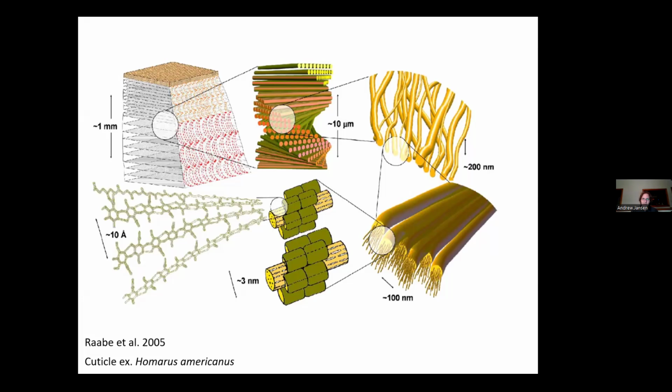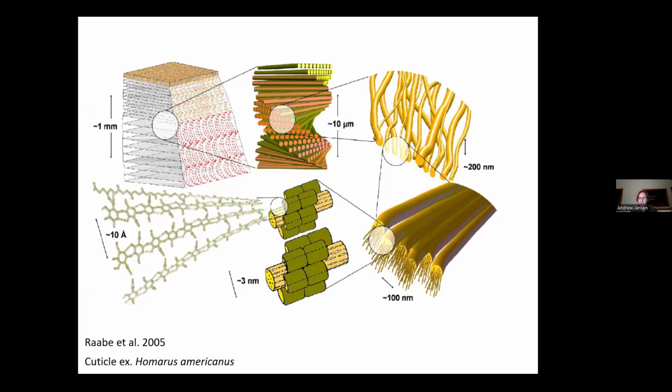In arthropods in general, the cuticle is called a hierarchical material because it has multiple levels of structure depending on what length scale you examine the material at. At the very smallest level, at the level of molecules, the fiber is alpha chitin, which in this diagram, over on the left-hand side at the bottom at the 10 angstrom level, you can see chitin chains.